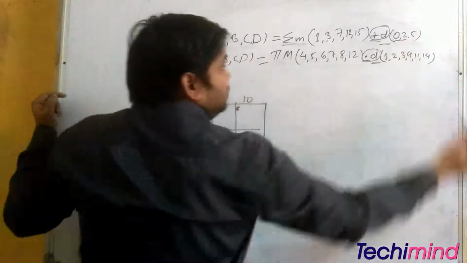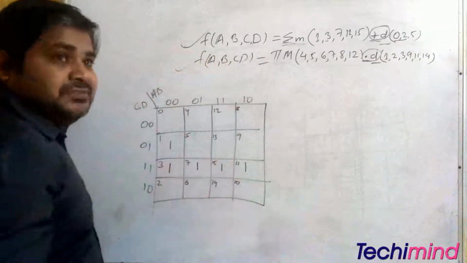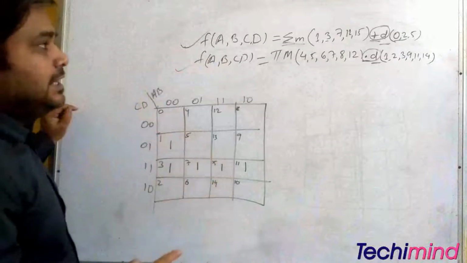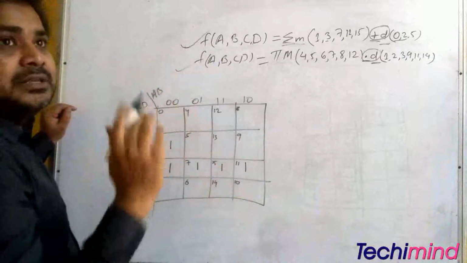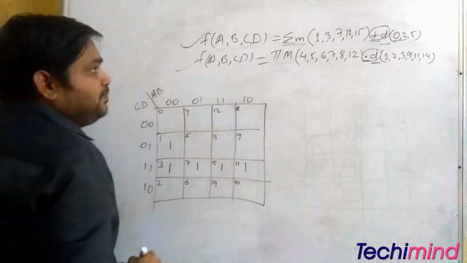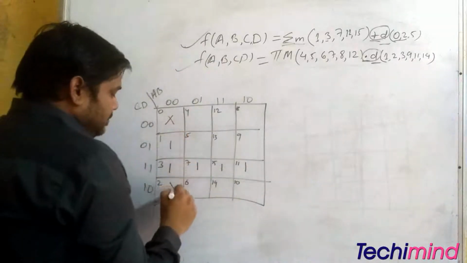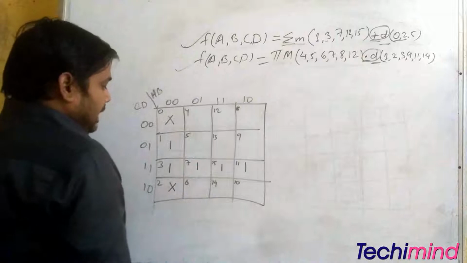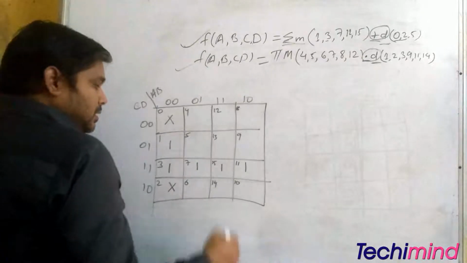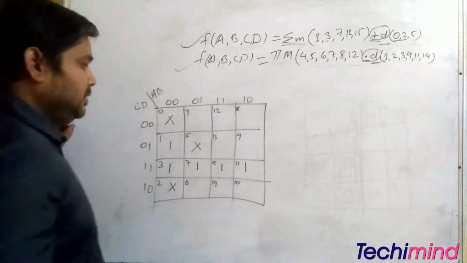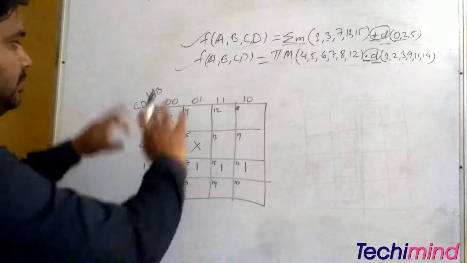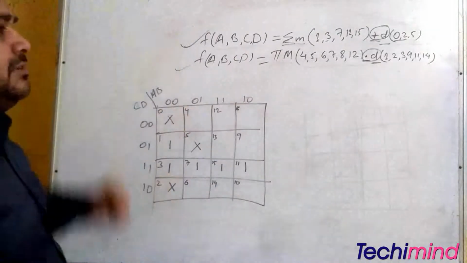So this is 0, 2 and 5. As we know, we put a cross sign in the corresponding cell when there is a case of don't care condition. So here we have 0, 2 and 5. So this is all about the K-map for this equation.